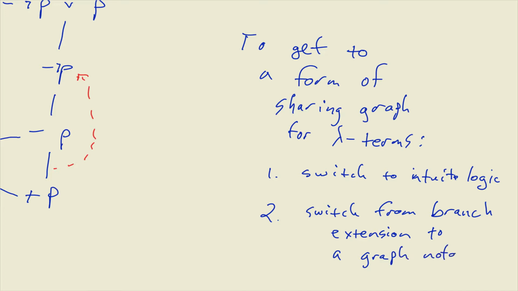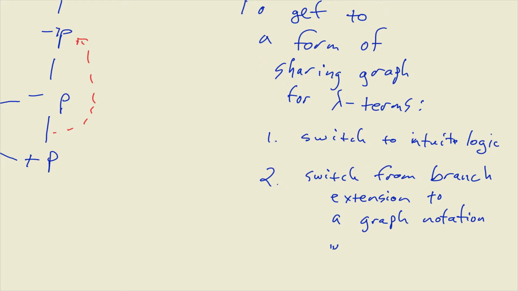The tableau notation is a graph notation, but a graph notation where consequences are connected to their origins in the graph.